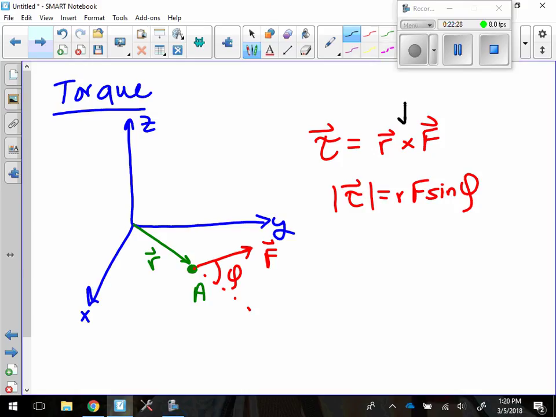But using this cross product will enable us to find the direction of the torque. This is actually kind of fun. I know it doesn't seem that way right now, but it's actually pretty fun. And that fun shall have to wait until tomorrow.